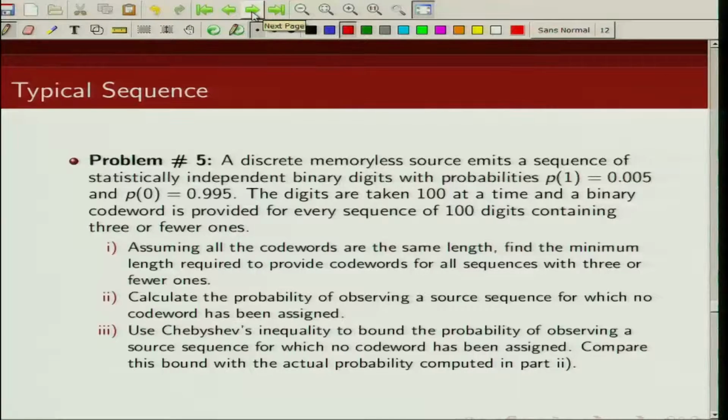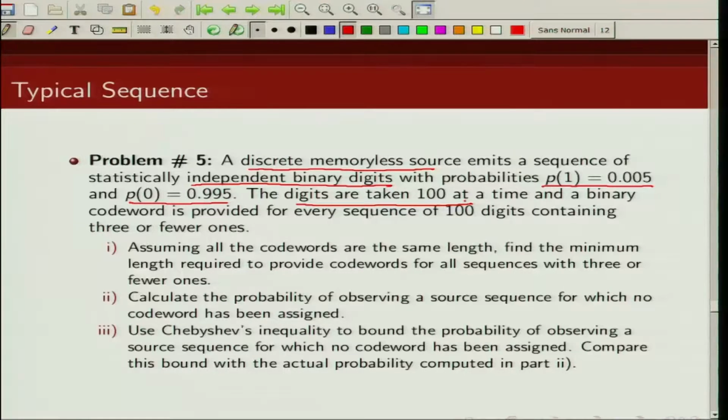So let us look at the next problem. We have a discrete memoryless source that emits statistically independent binary bits with probability of 1 given by 0.005 and probability of 0 given by 0.995. So most of the time it is emitting zeros.